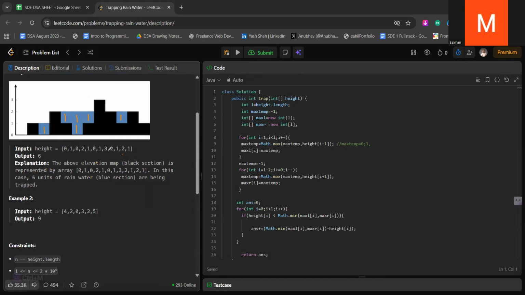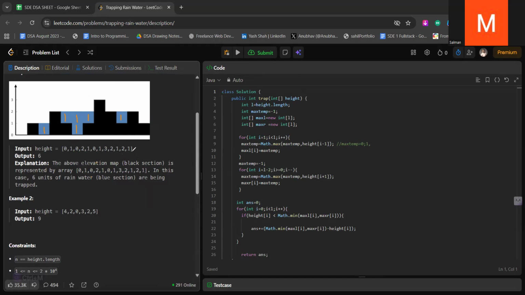It is 3, right? What is the maximum of the right side? It is 1. So what is the minimum of both of them? It is 1, and it is less than 2, right? So water will also spill from here to here. This is a waste. Okay.